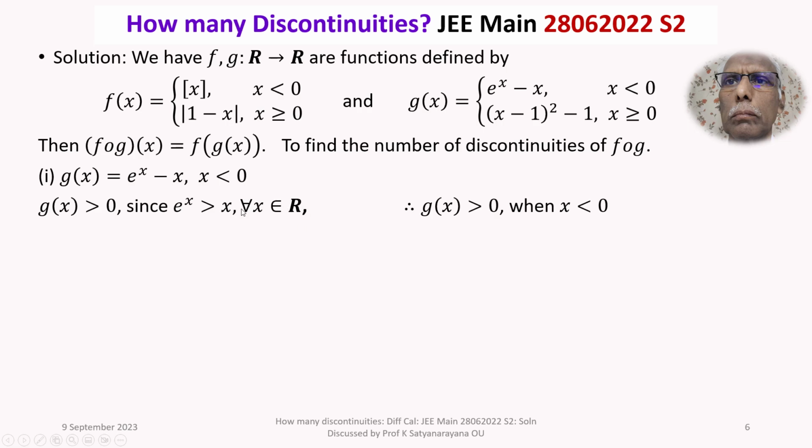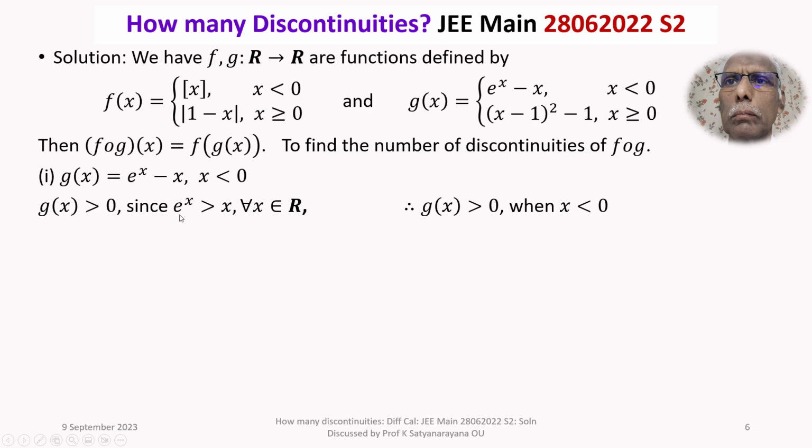This can be seen if you draw the graph of e power x and the graph of y is equal to x. You will see y is equal to x lies below the graph of y is equal to e power x.